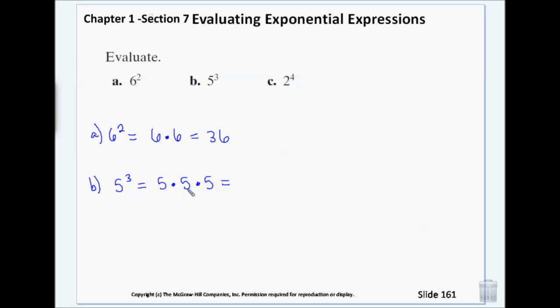So 5 times 5 is 25, times 5 is 125. So you can see they get big fast. I'm just multiplying 3 numbers, I'm already up to 125. They get very large very fast. And then C, 2 to the 4th, is 2 times 2 times 2 times 2. So that's 2 times 2 is 4, times 2 is 8, times 2 is 16.